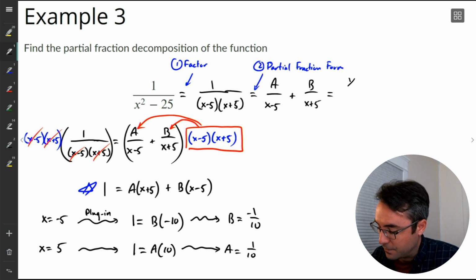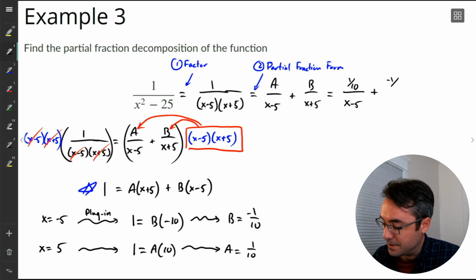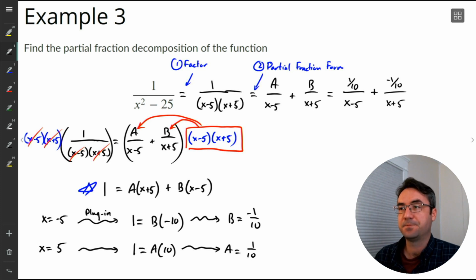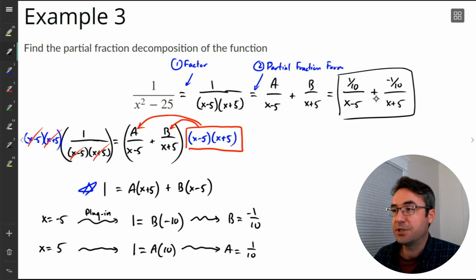So we're going to get 1 over 10 divided by x minus 5 plus, and then the next one is b. So b was negative 1 over 10, so negative 1 over 10 up there, all over x plus 5. And so there's our partial fraction decomposition, where we actually not only got the form, but we actually found the coefficients as well.